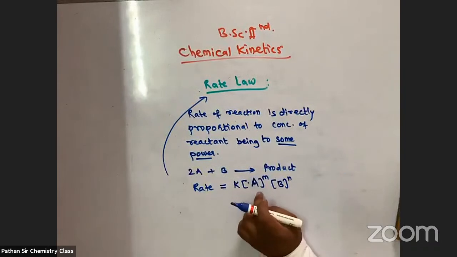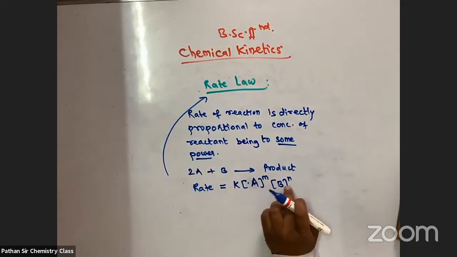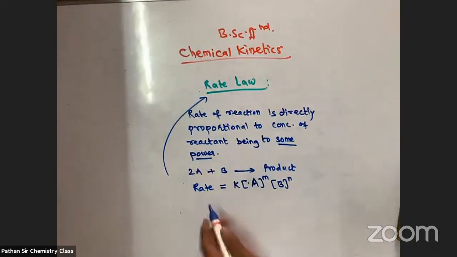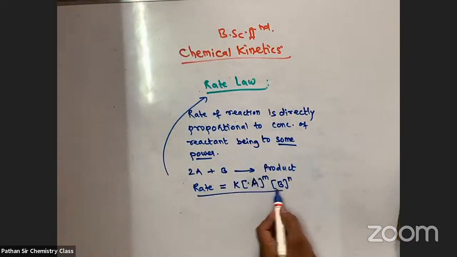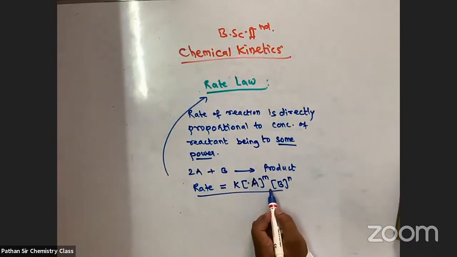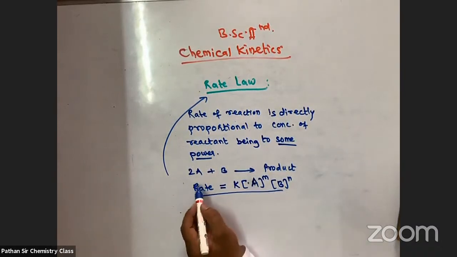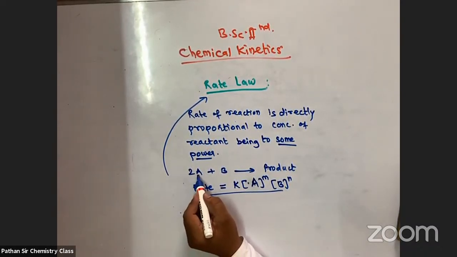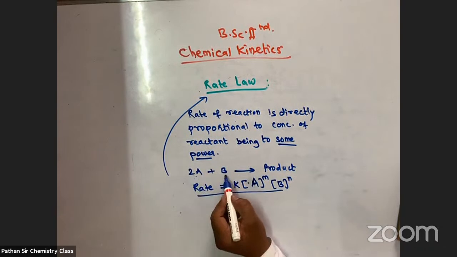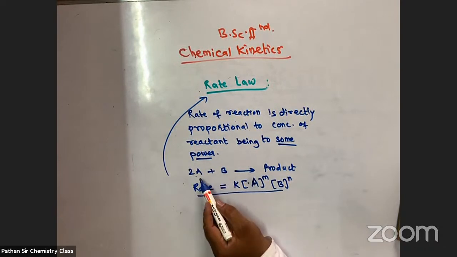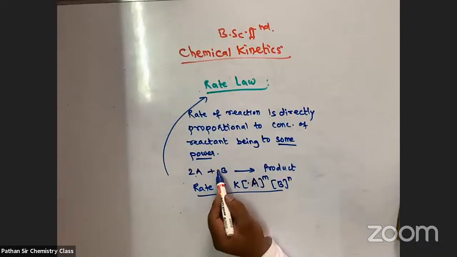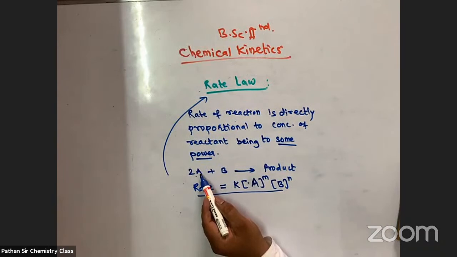So A to the power m into B to the power n. This mathematical equation is called the rate law. In this example, you are using 2 moles of A and 1 mole of B. We don't write 1 generally. So the number of moles of reactant A is 2 and that of B is 1. Now what happens here?